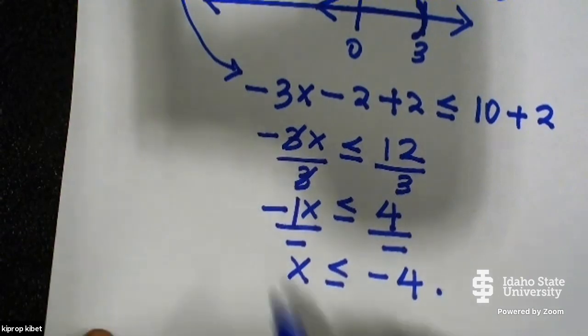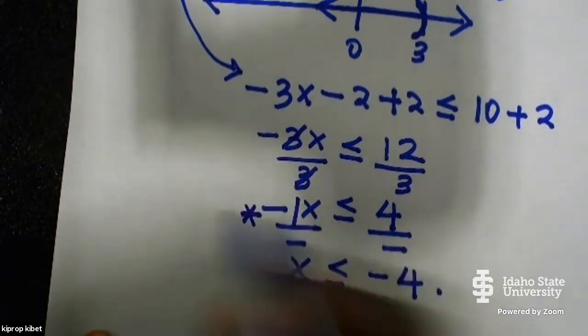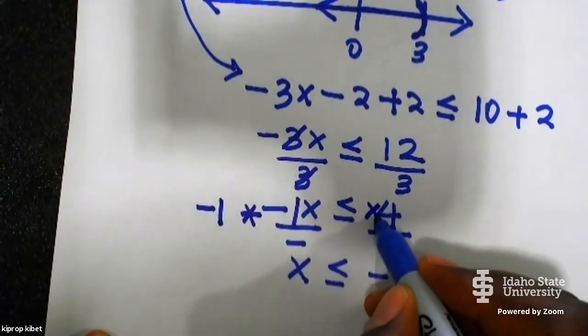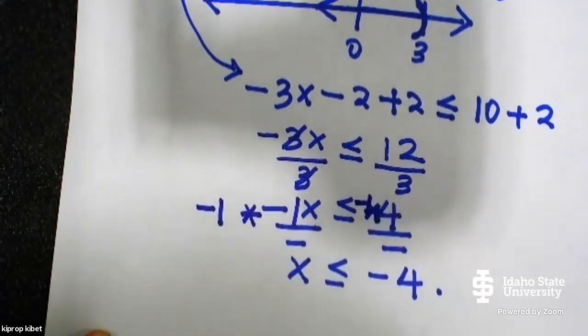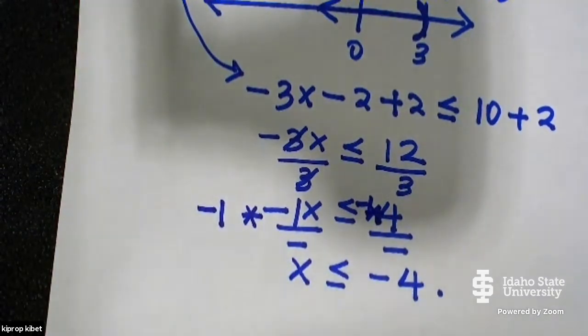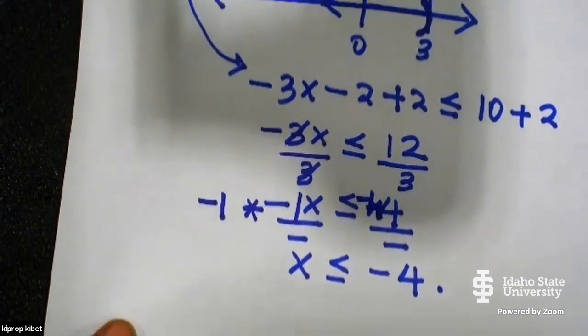So if we multiply by -1 here, then we also multiply by what? Yeah, okay, it makes sense. Okay, we will change the direction.